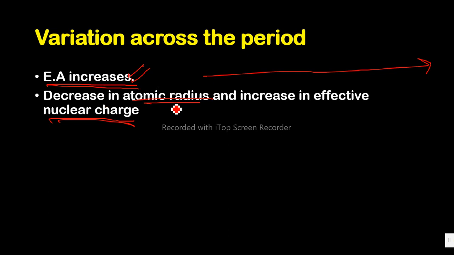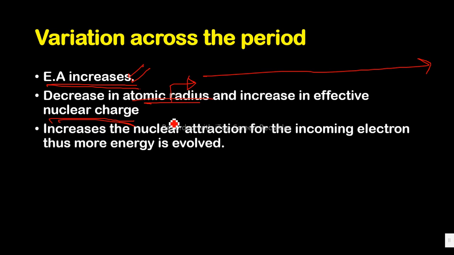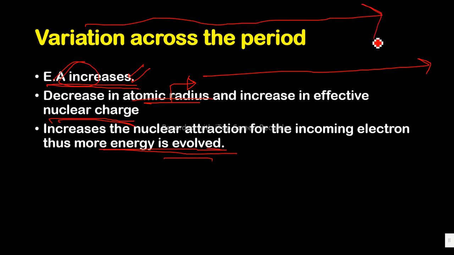And I hope you know why the atomic radius is decreasing across the period. So now if you increase the nuclear attraction for the incoming electron, then when the electron is added onto the atom, more energy is going to be evolved. And if more energy is evolved, then the electron affinity is going to increase across the period.